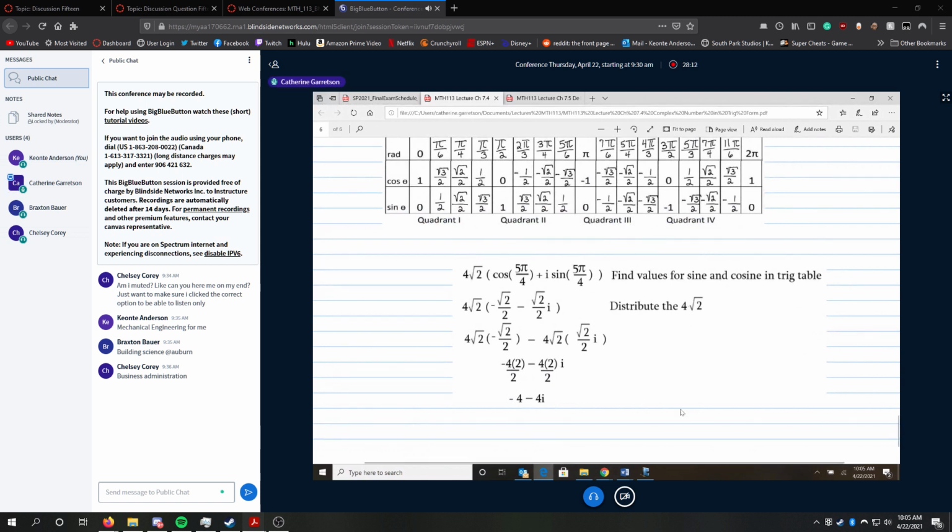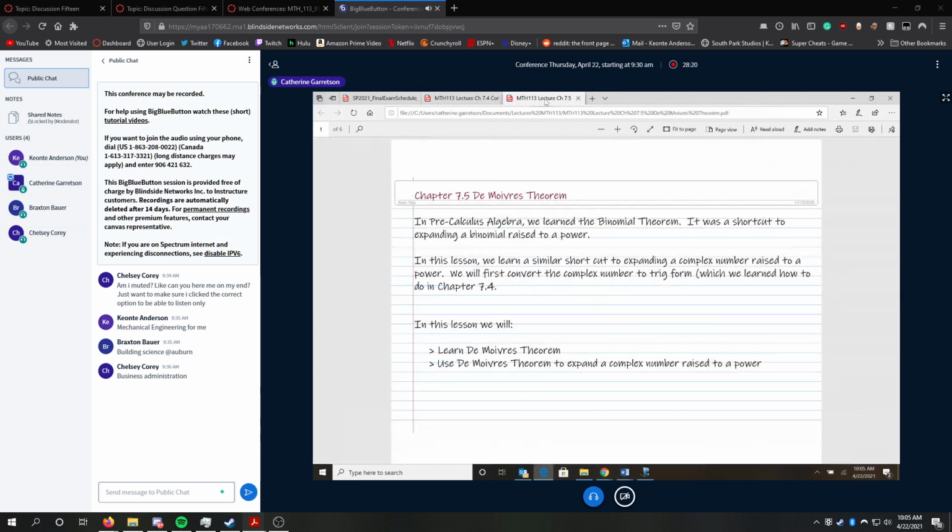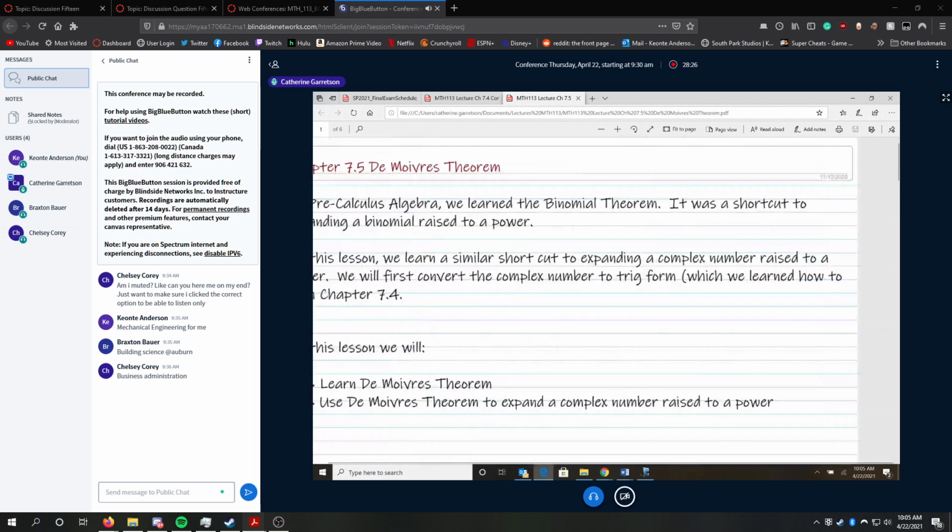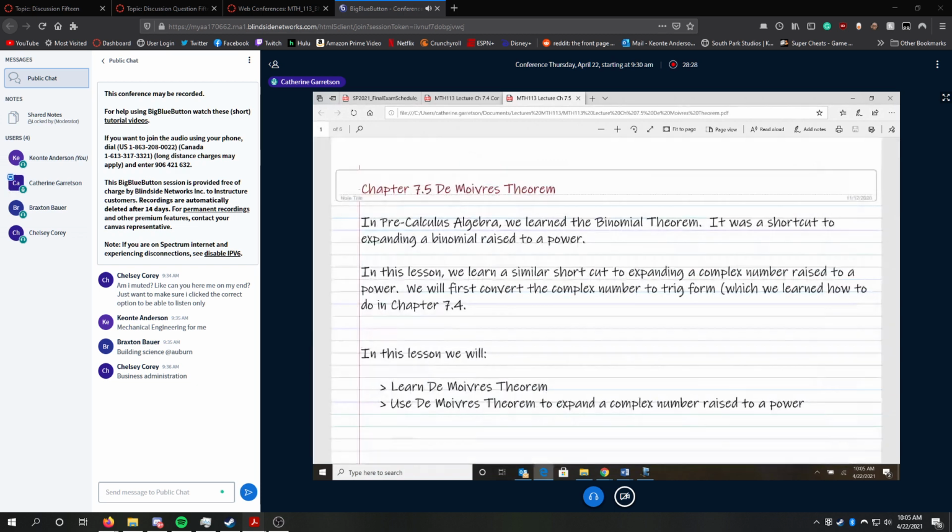Now, DeMoivre's theorem is going to be that shortcut to raising a complex number to a power. By the way, it's kind of like the binomial theorem, if you were taught it in 112 or pre-cal algebra, wherever you took it.